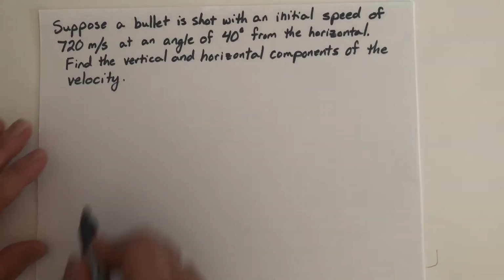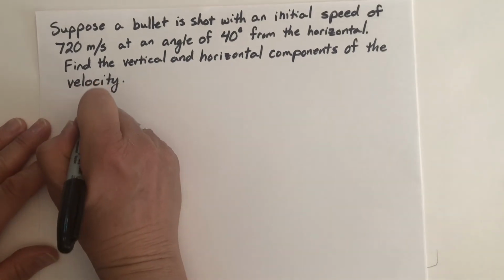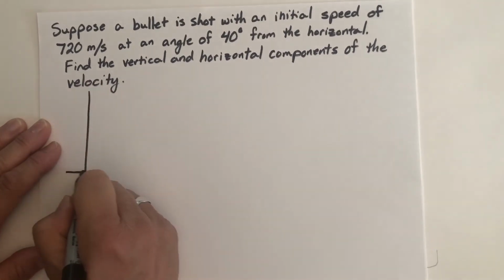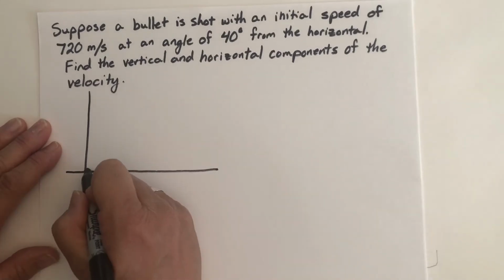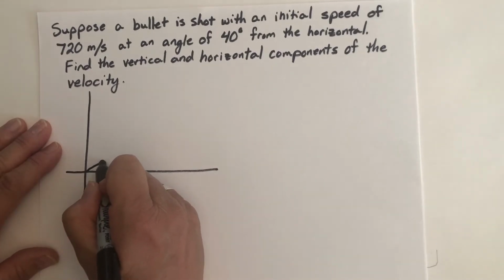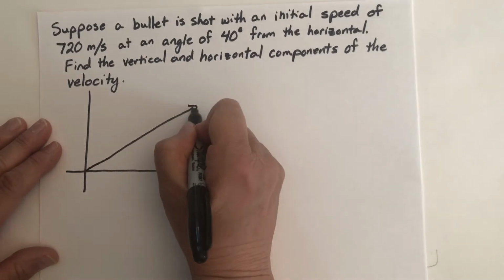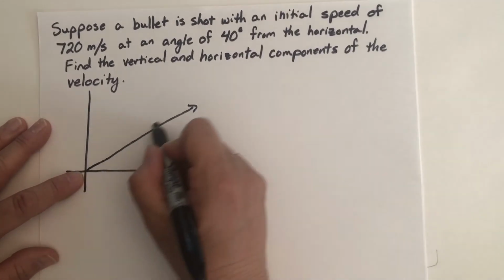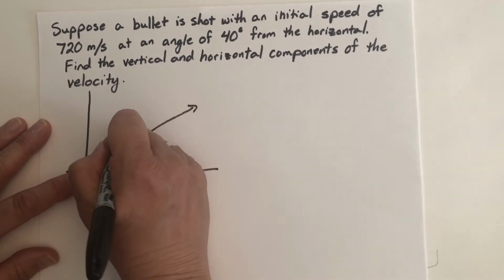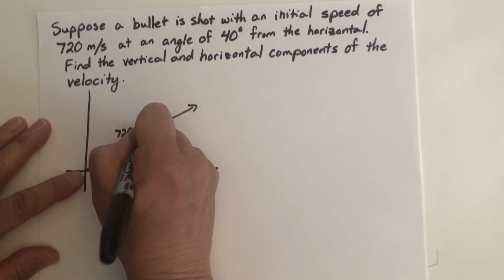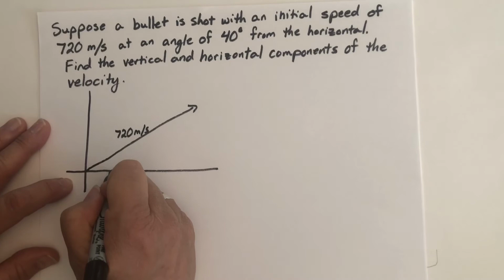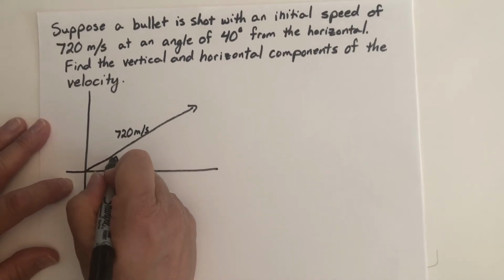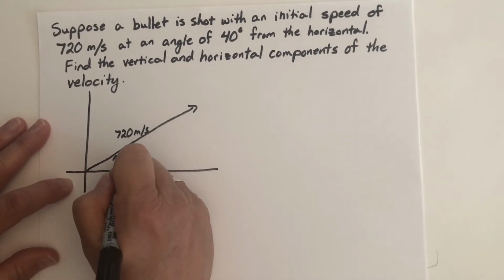So the vector that represents the velocity, let's draw it. Let's see, 40 degrees right here. This represents the velocity, so its magnitude is 720. So that's our speed, but also important is that we have a 40-degree angle.